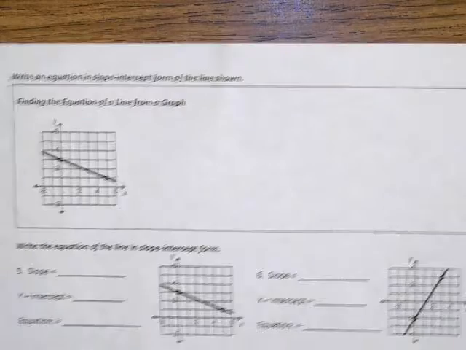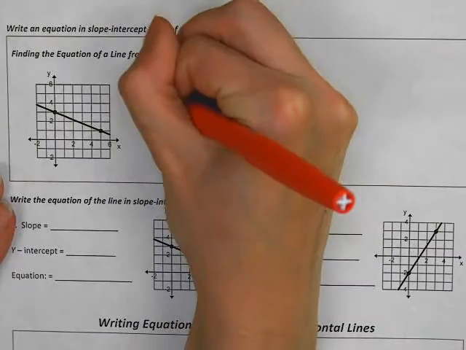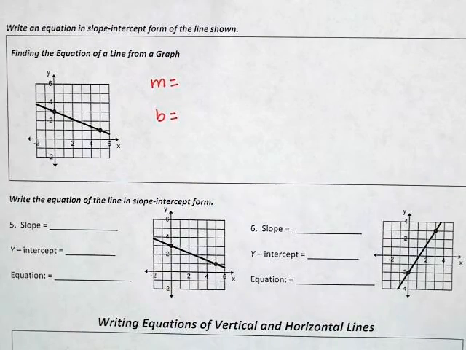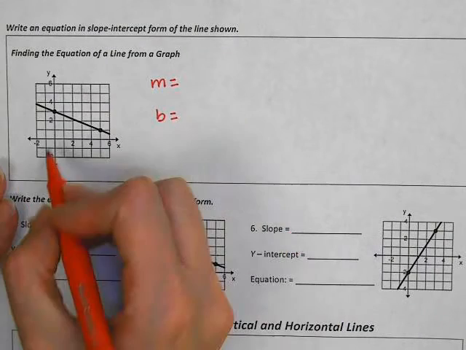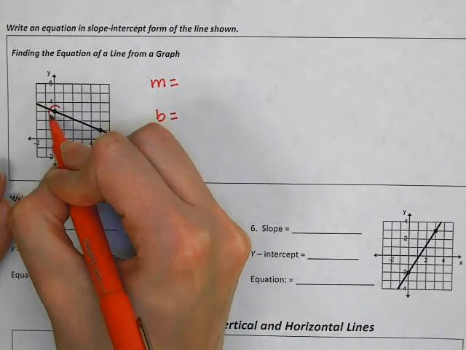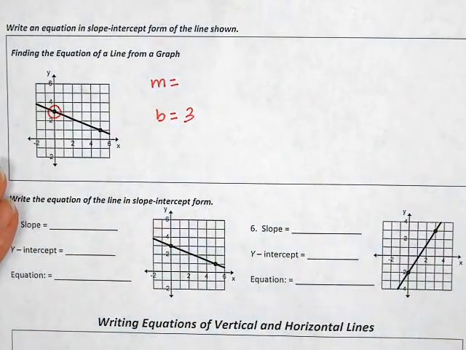What if they give you a graph? Well, if this is the case, you need to find m and b first off the graph. So the b is easy. It's the y-intercept. Where does the line cross the y-axis? And it's right here up at 3. And then the m is the slope.